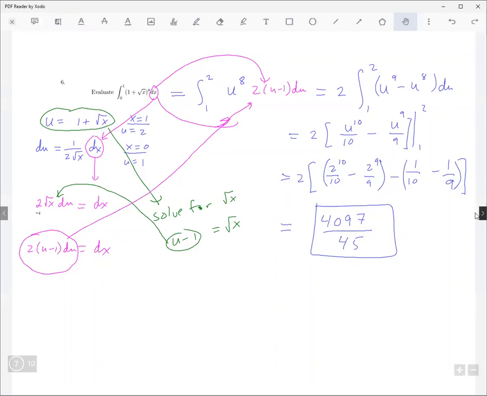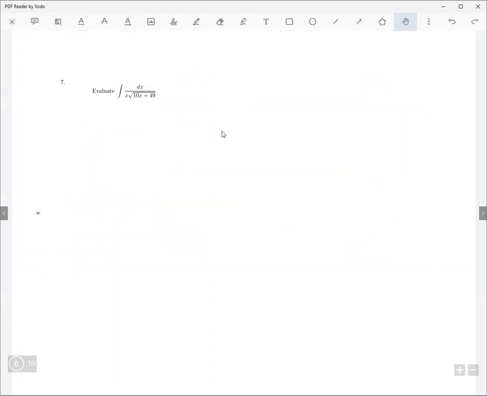Okay, this next exercise is really challenging. Dx over x times the square root of 10x plus 49. Okay, this one is very challenging.